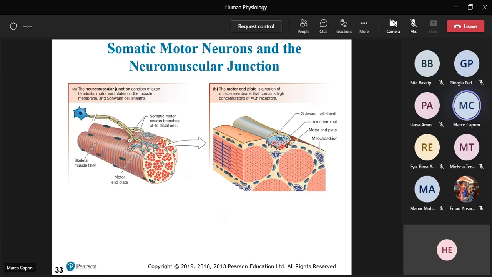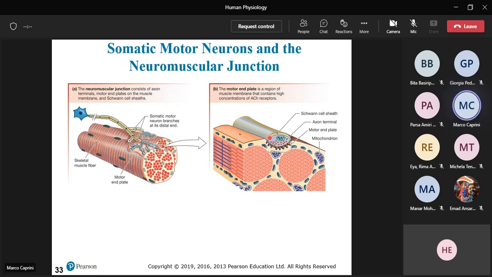What is important for the release of the acetylcholine? That the calcium in the branches of the motor neuron increases, because calcium is necessary for the exocytosis process.